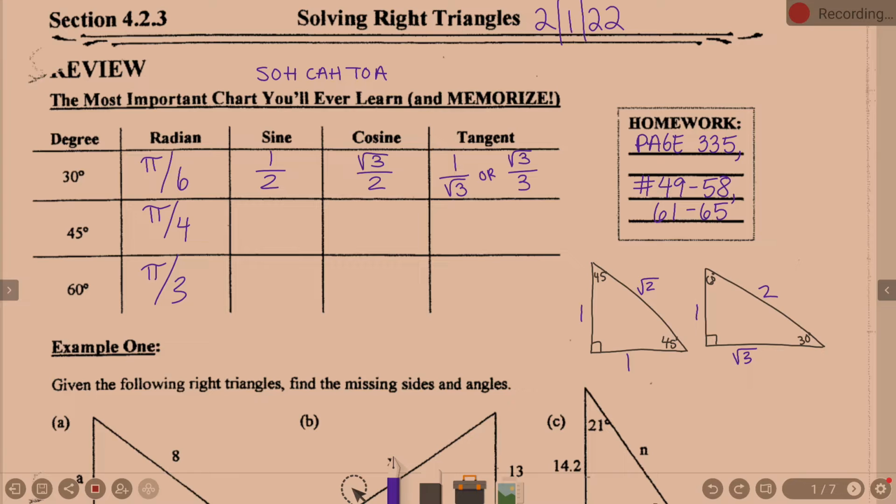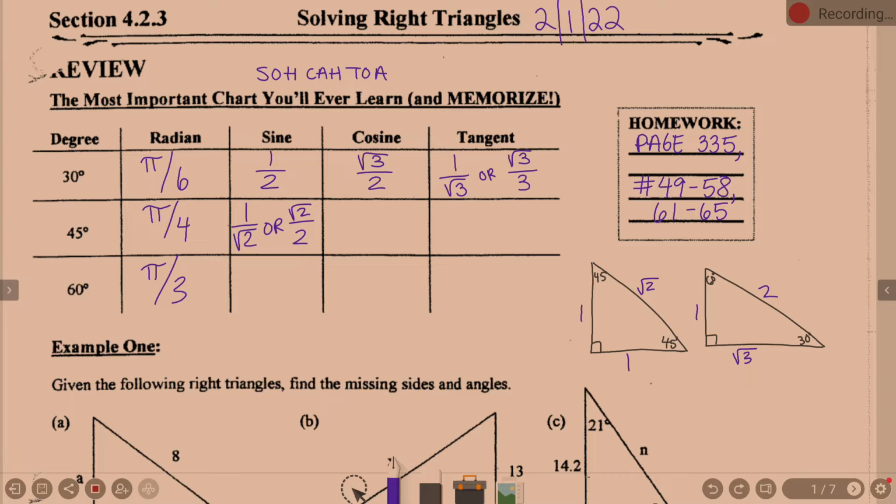Okay, 45 degrees. We're going to switch triangles, right? You're going off of the 45-degree angle. Sine is opposite over hypotenuse. So it starts off as 1 over square root of 2, but the one that you're going to be more familiar with is square root of 2 over 2. What do we know about cosine of 45?